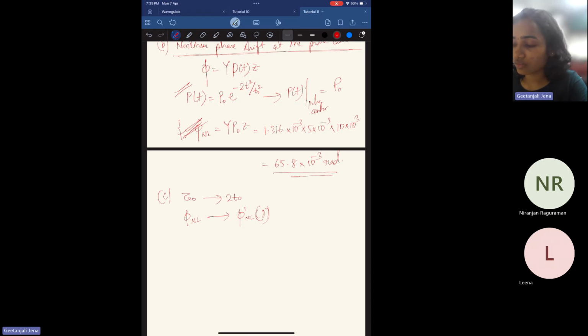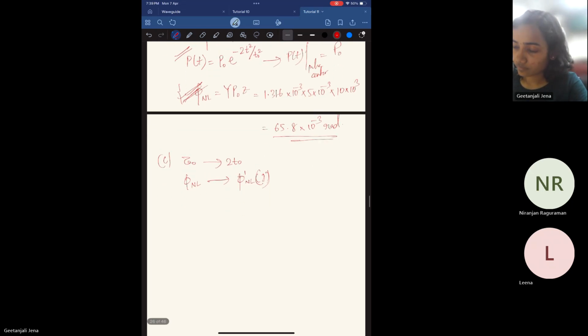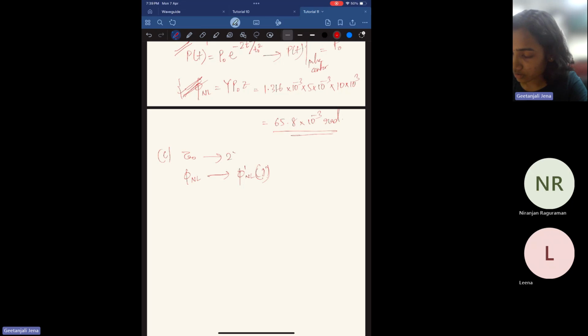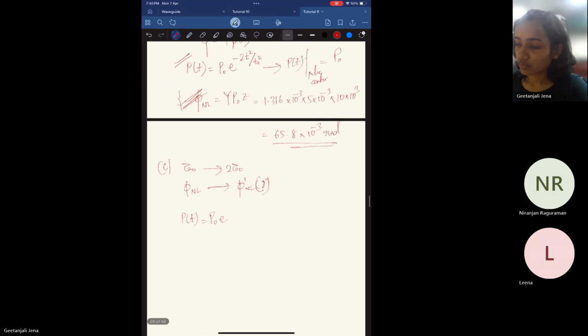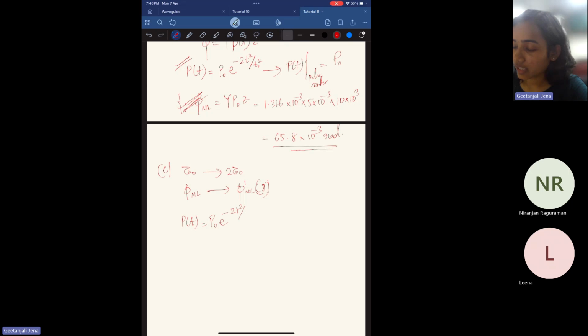How does phi NL depend on tau 0? Recall P(t) is P0 e to the minus 2 t square by tau 0 square.